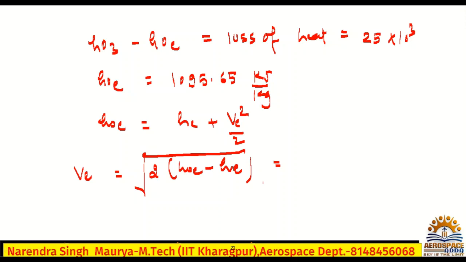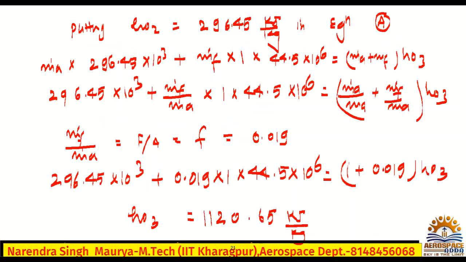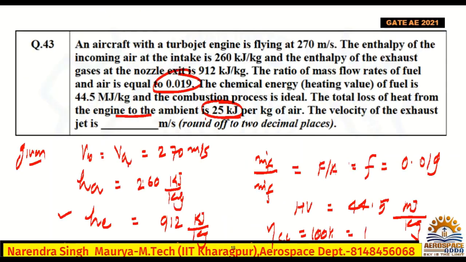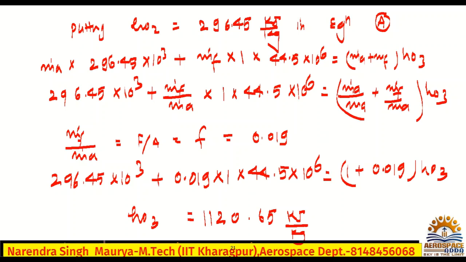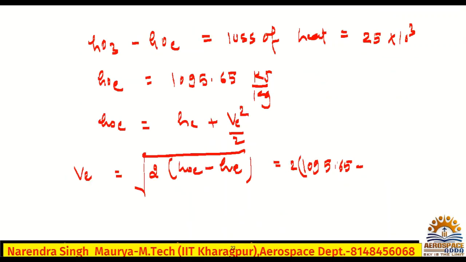They have given H naught E is nothing but 1095.65 minus He. He is given as 912 kilojoule per kg. So we'll write this value, 912, and all values are kilojoule, so we'll write 10 to the power 3.